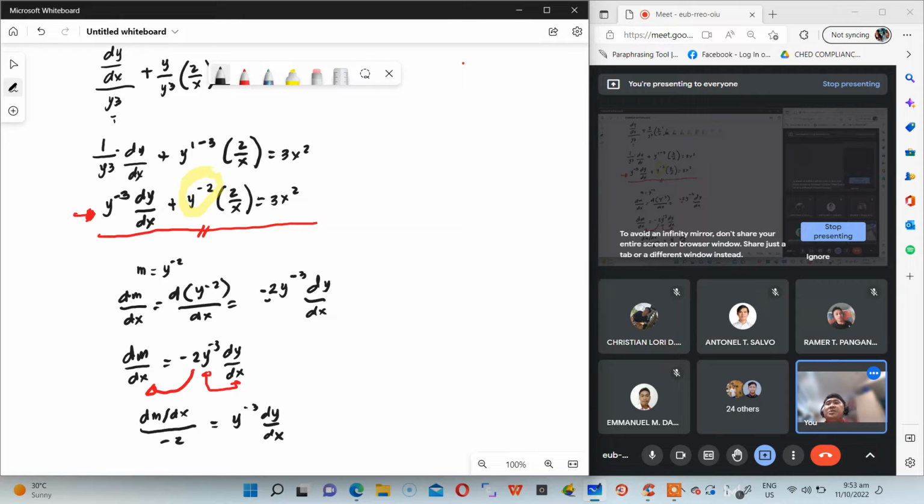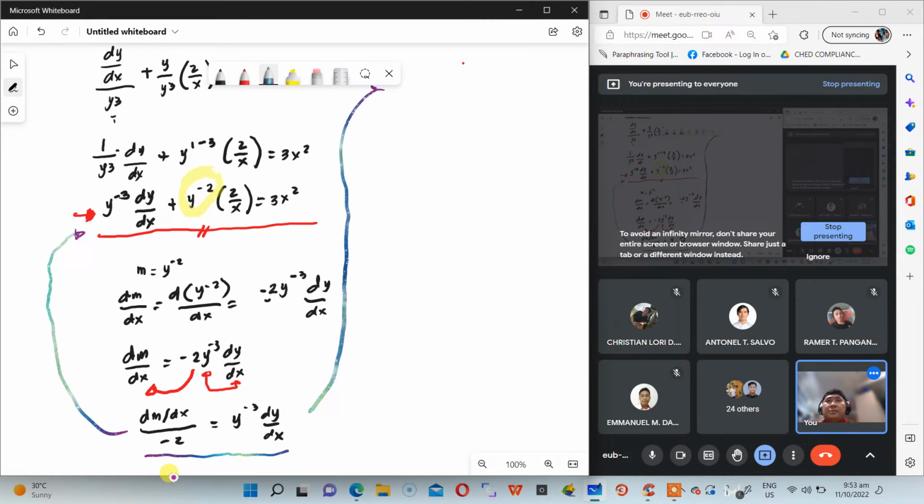Okay? So therefore, we could substitute this one to the first term. So our y cubed dy over dx is just equal to dm over dx over negative 2.